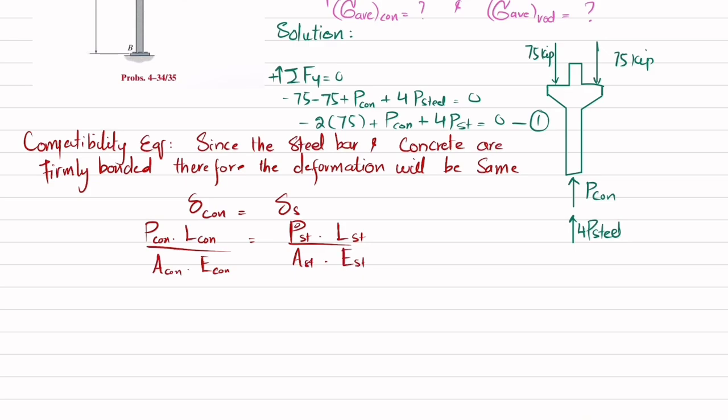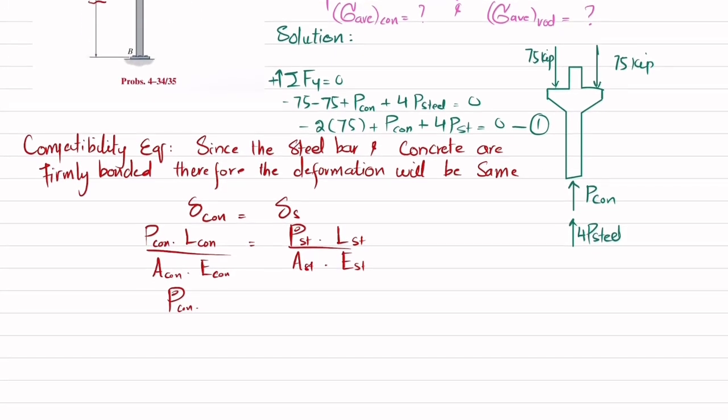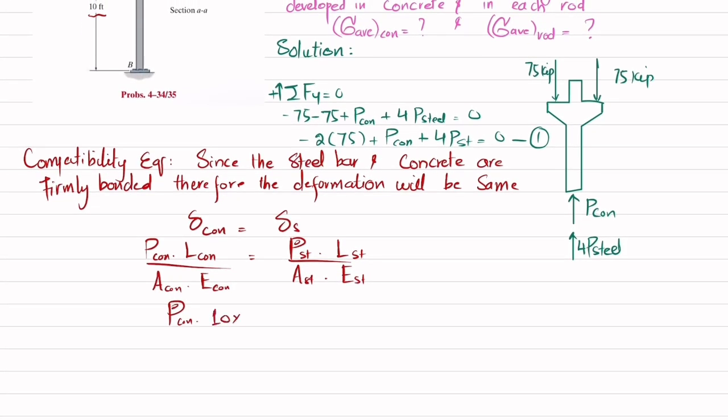The column length is 10 feet, and 1 foot is 12 inch, so 10 into 12 is 120 inch for both concrete and steel.